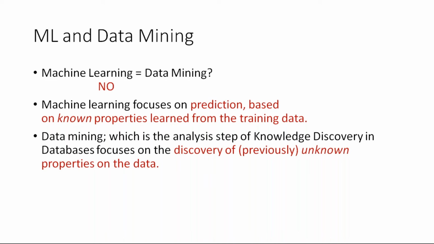What Wikipedia says about machine learning is even more interesting: it is a subfield of computer science that gives computers the ability to learn without being explicitly programmed. The common thing from Stanford and Wikipedia is that a computer gets the ability to learn on its own, even without human intervention.